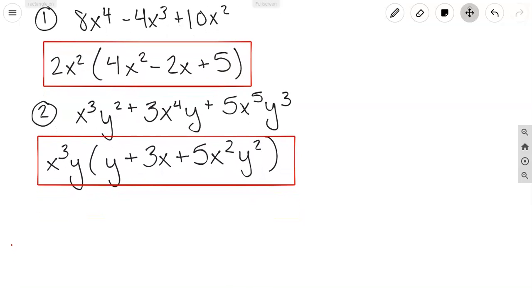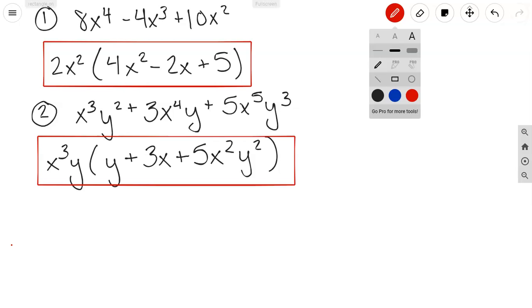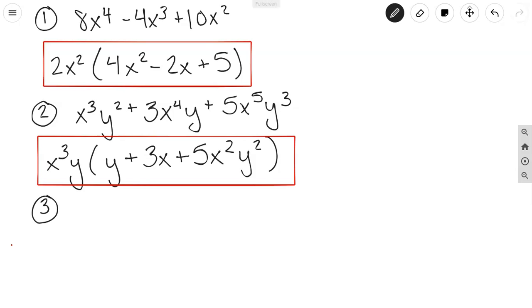Alright, I'm going to do one more example. So we're going to do example number 3, where I have 3x^6 minus 9x^2 plus 3x.